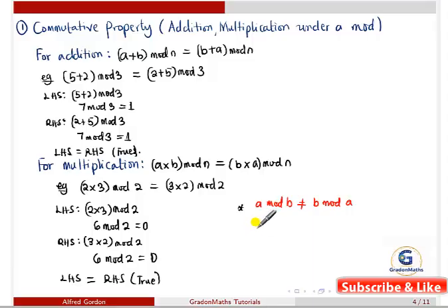This means that if I have 5 mod 2, this is not equal to 2 mod 5, because we know that 5 mod 2 will give us a result of 1, likewise 2 mod 5 will give us a result of 2, and 1 is not equal to 2. Therefore, a mod b is not equal to b mod a.